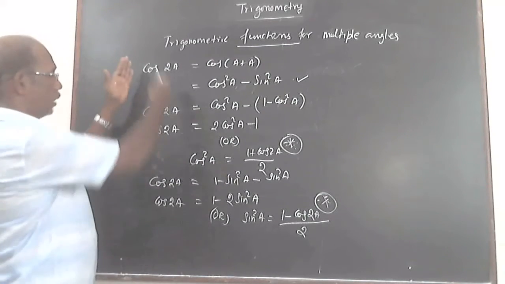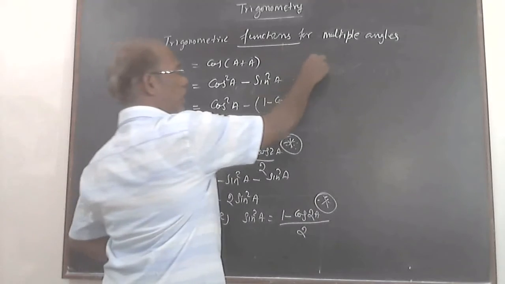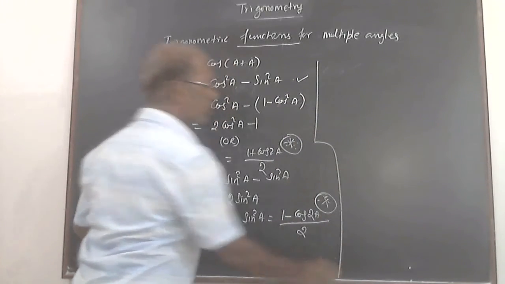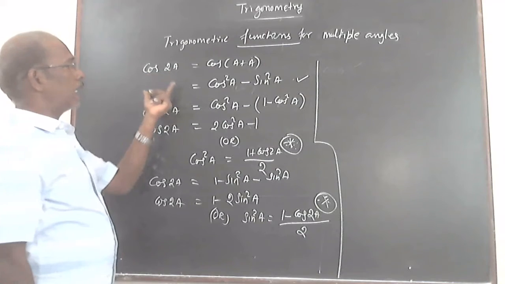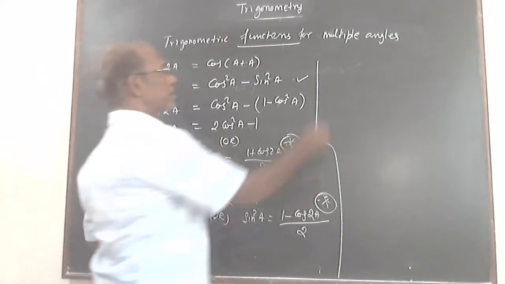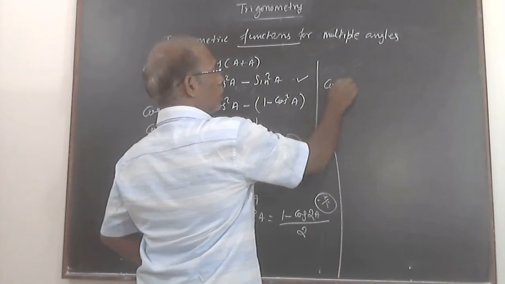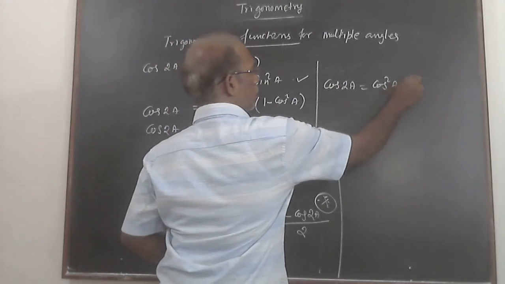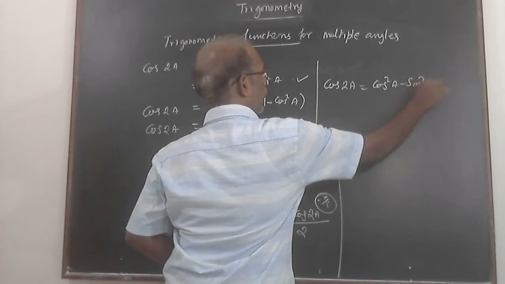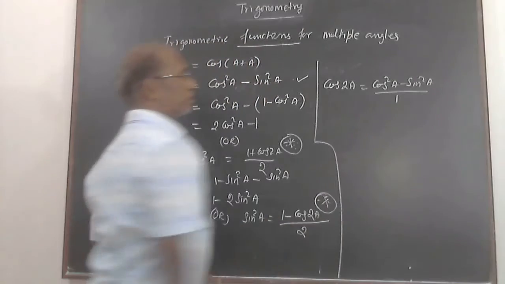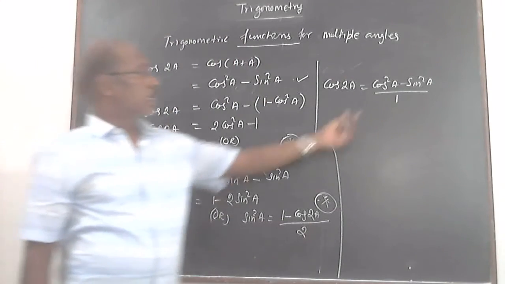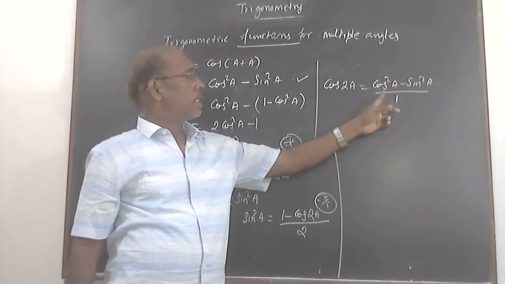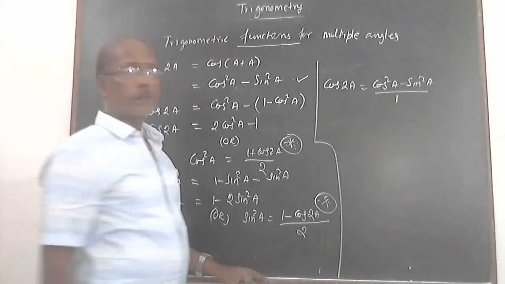Okay, so all this for cos, and one more conversion for cos we have to learn: cos 2a in terms of tan. Cos 2a is cos square a minus sin square a, with denominator 1. Dear student, instead of 1, I will take cos square a plus sin square a.